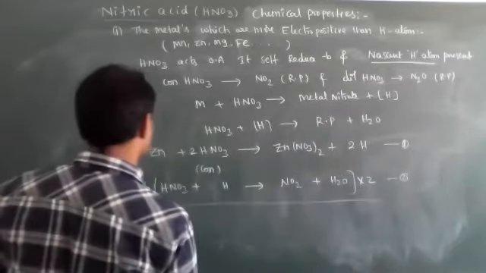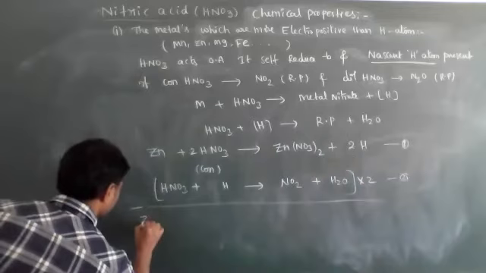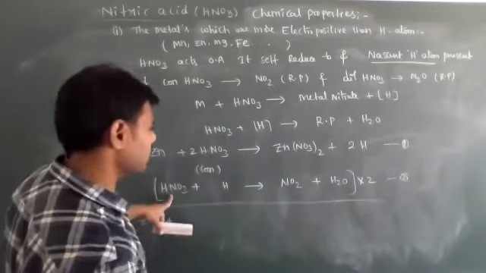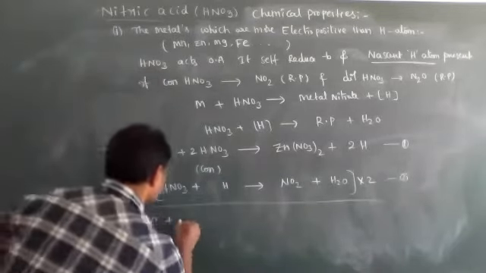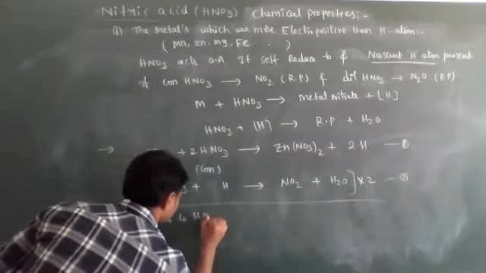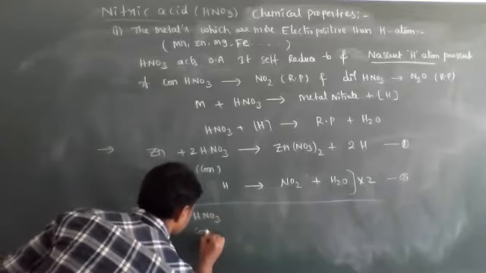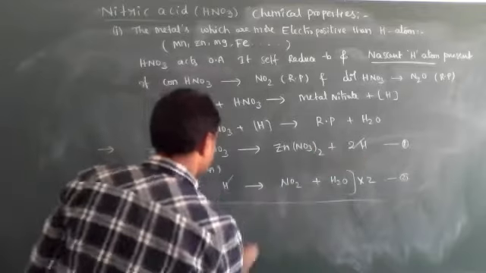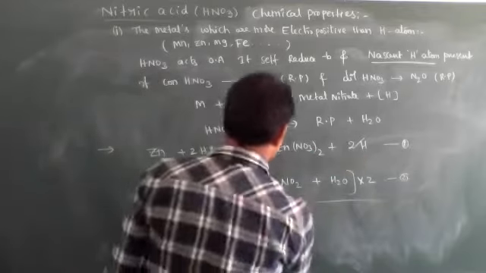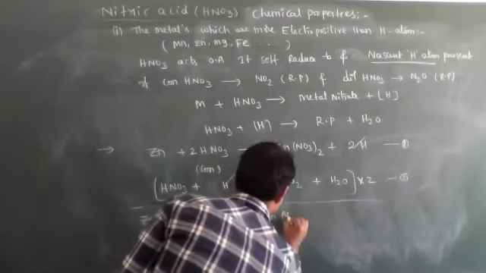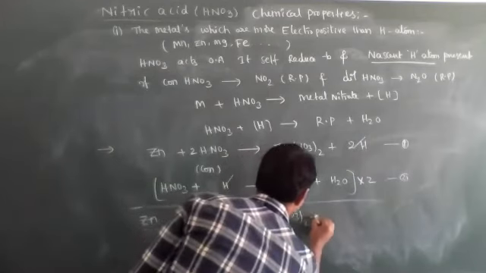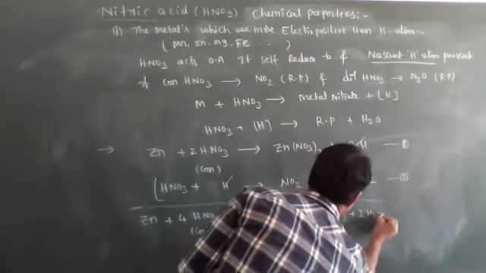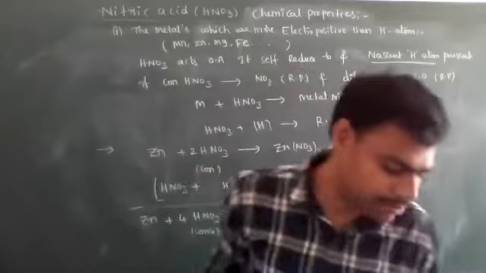Then the overall reaction is Zn plus 2 moles of HNO3 and 2 into 2, that is 4 moles of concentrated HNO3. The nascent hydrogens cancel, forming Zn(NO3)2 plus 2NO2 plus 2H2O. This is the complete balanced equation.